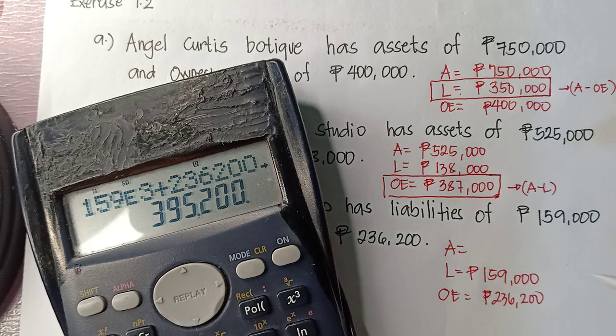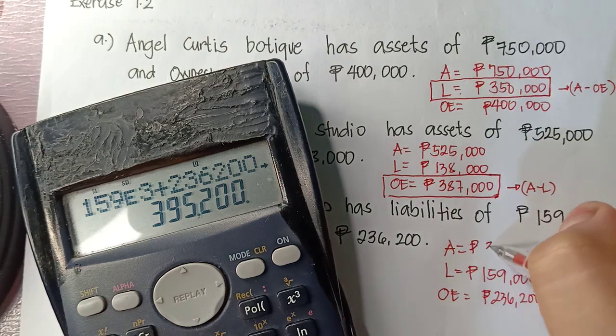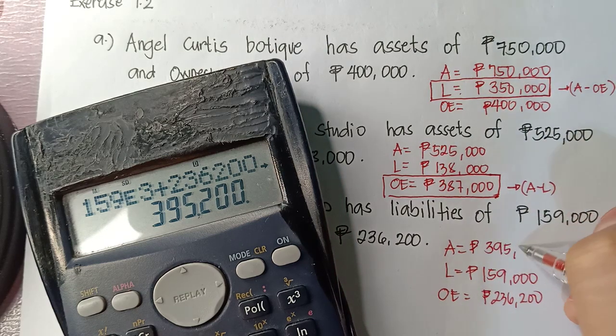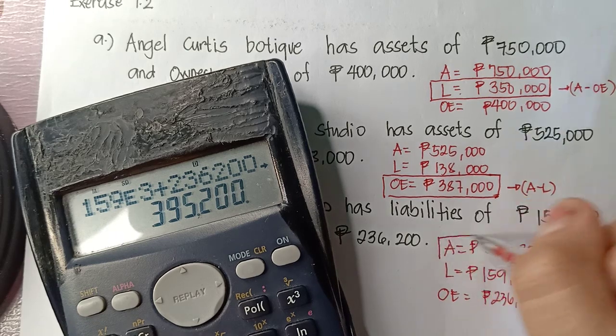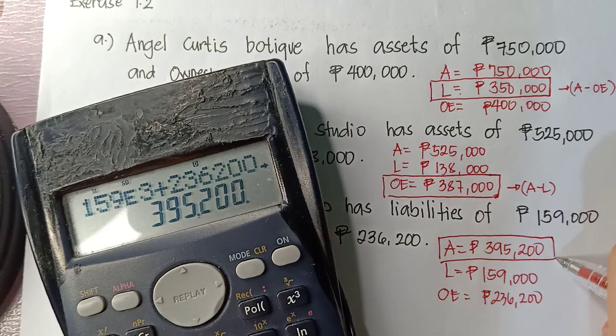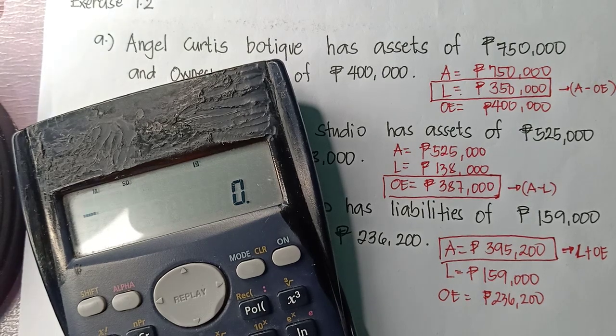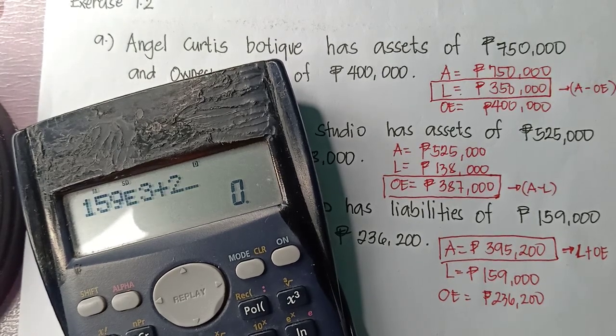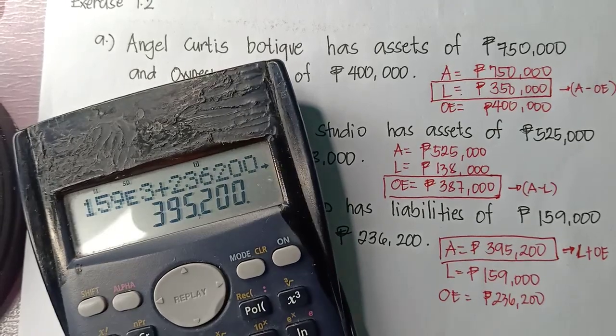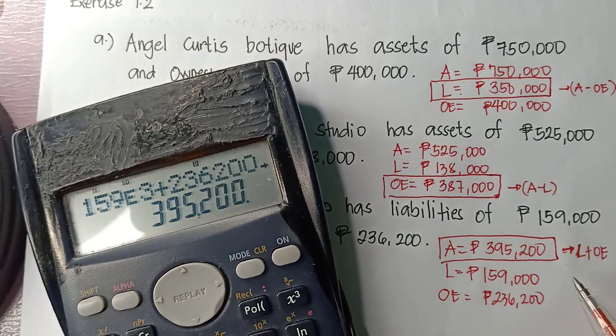So our assets is equal to 395,200. Okay? So assets is equal to liabilities plus owner's equity. We will check if it's correct: 159,000 plus 236,200, the same as our assets of 395,200.